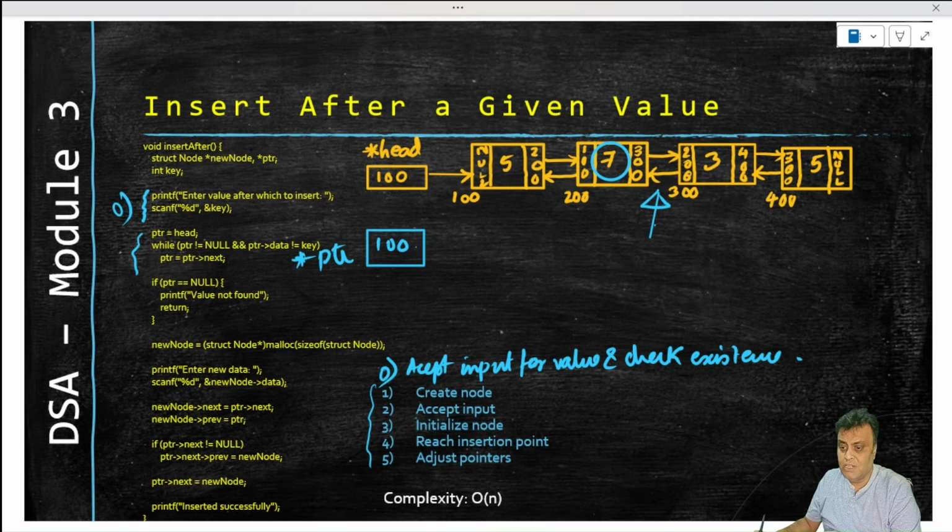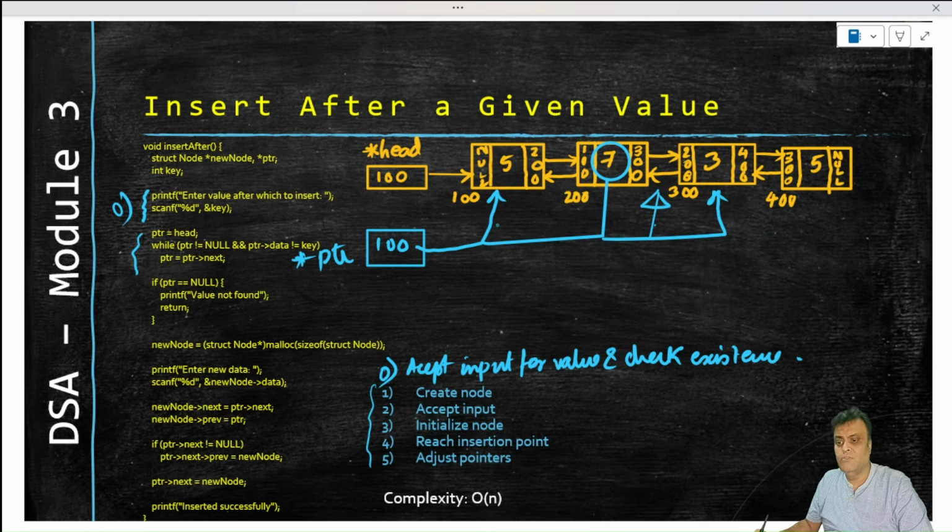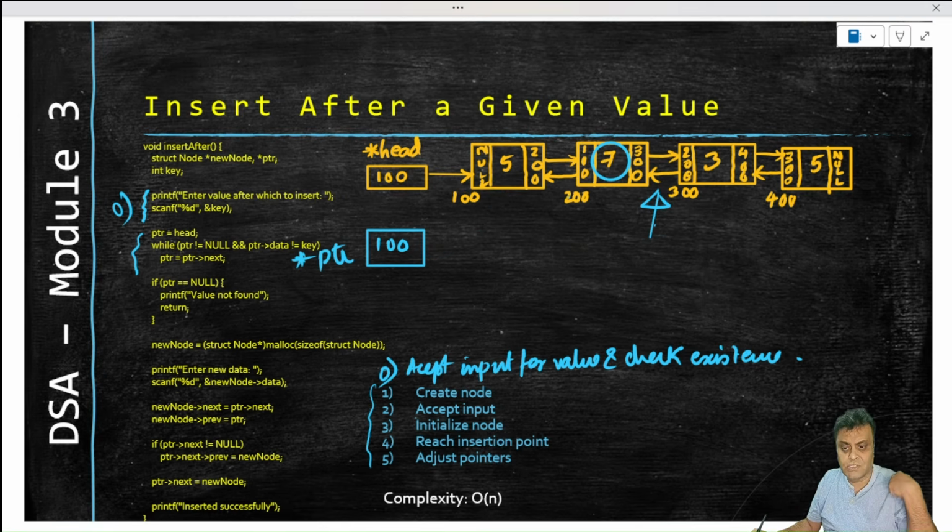The pointer will keep saying, okay, I'm pointing here, next I'm pointing here, and in this way it will go on and check in each iteration whether 7 exists or not. And if we don't find that, then we say we have not found it, so let us return.